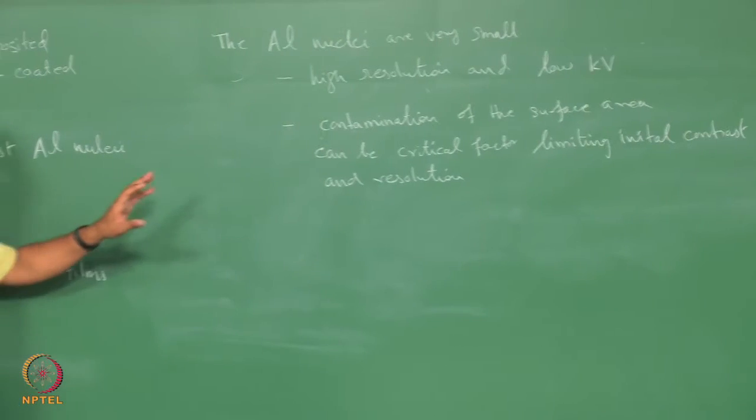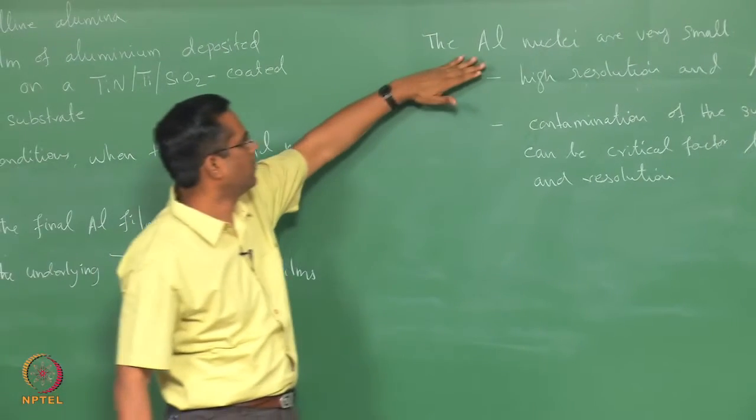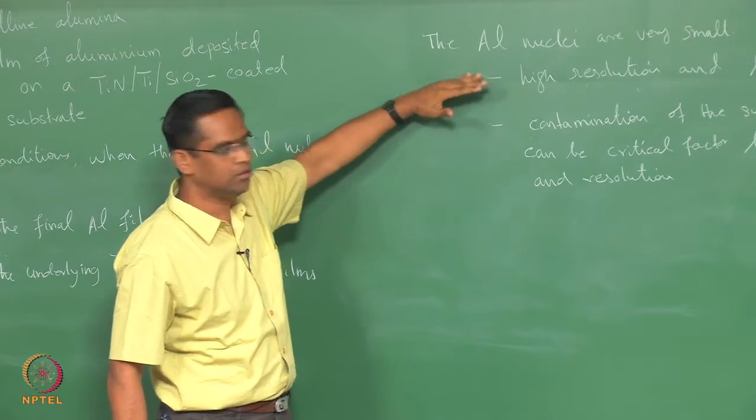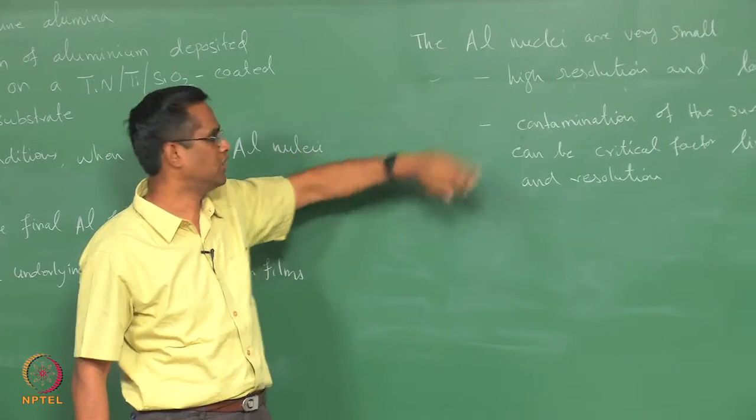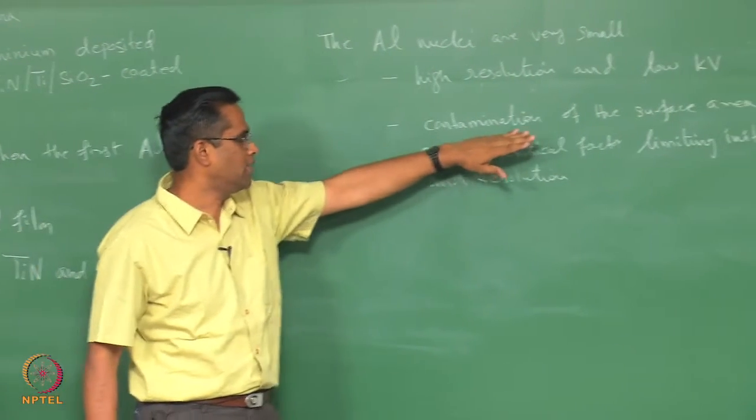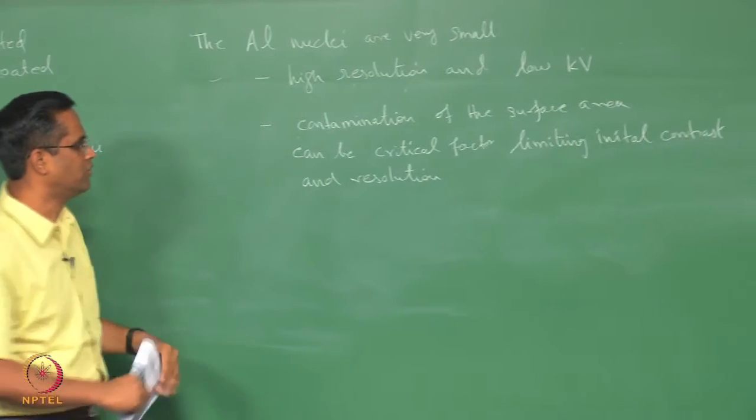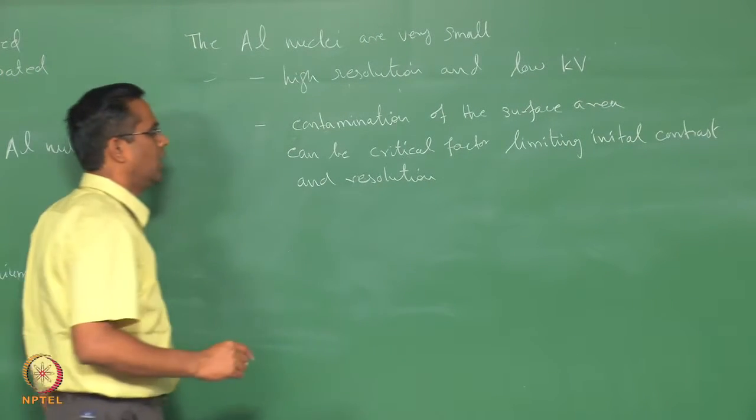Since we are interested in looking at the early nucleation of aluminum after the deposition, the surface contamination can be a very critical factor which will limit the contrast and resolution.